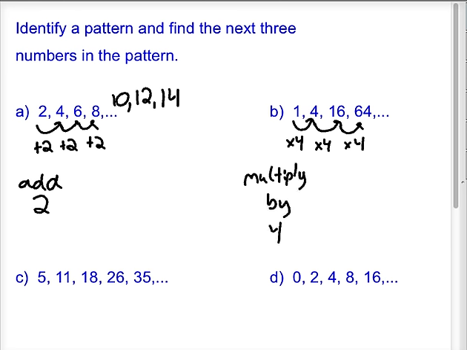Again, for these ones where it just says identify a pattern, you can just write the pattern in words. And now to find the next 3 terms, they are going to be 256, 1024, and 4096. As simple as that, just recognizing the pattern.